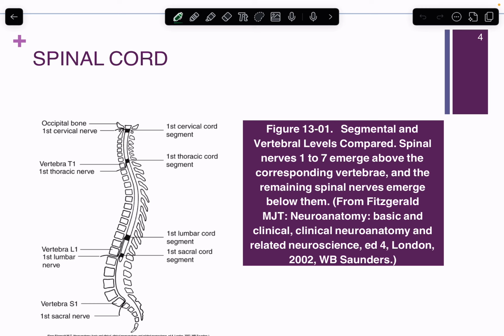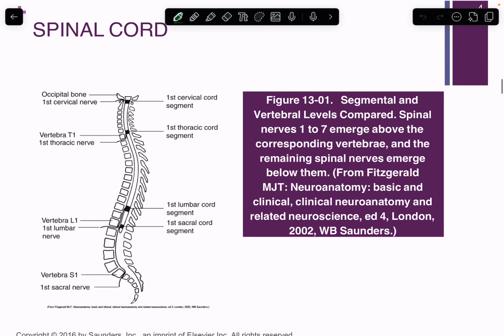Remember that spinal nerves 1 to 7, which are cervical, emerge above the corresponding vertebrae, and the remaining spinal nerves, starting from C8, emerge below the vertebrae. Okay, so that's one of the basic things you need to remember.